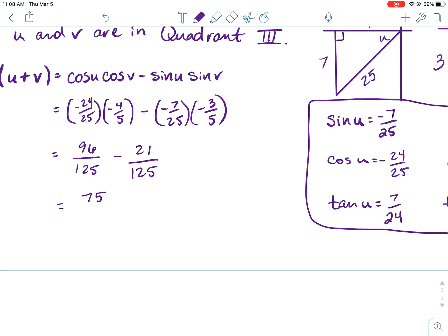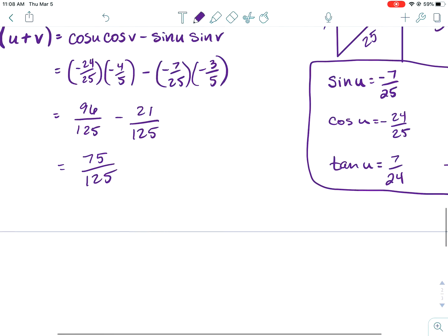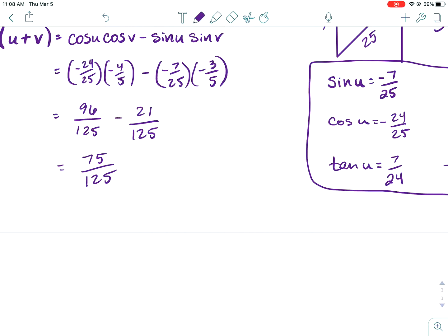Right, and then that works out nicely, that we have a common denominator. Right, what will this reduce to? Good, 25 divides evenly into both, so the answer is 3/5.